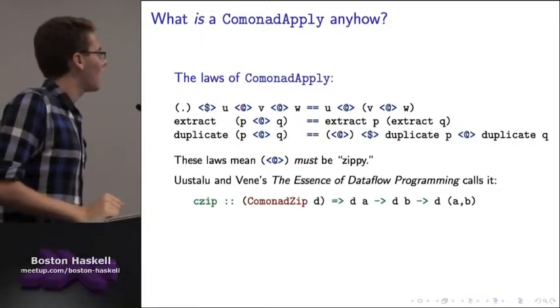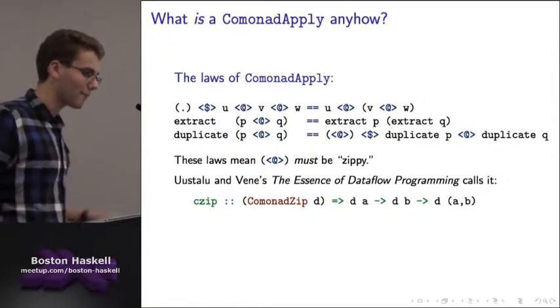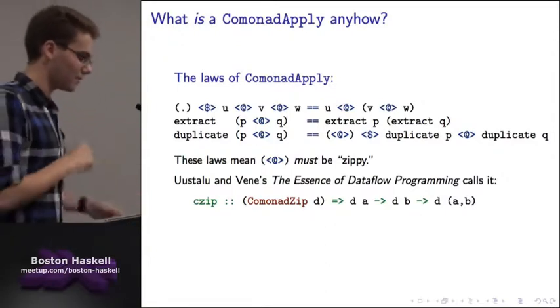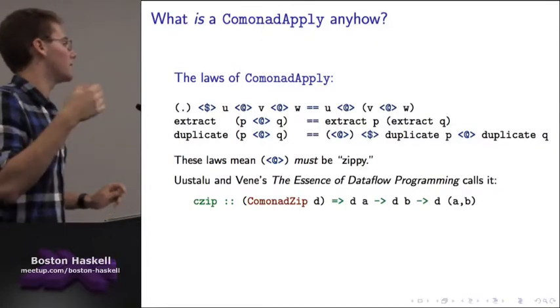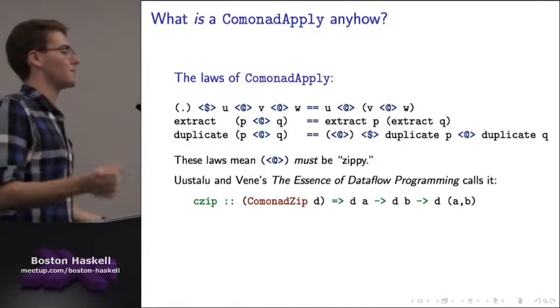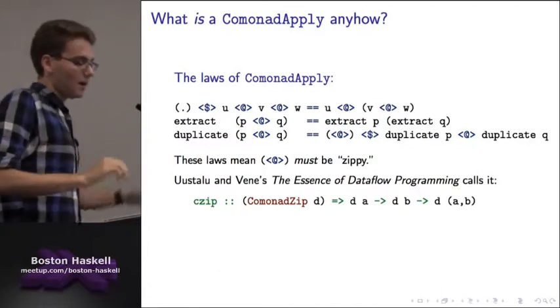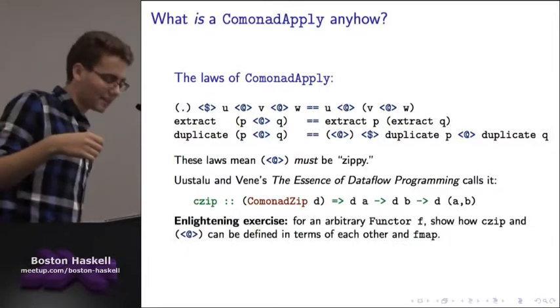And to sort of drive this point home, in the essence of data flow programming, which is a really, really cool paper by Uustalu and Vene, they don't define Comonad apply in terms of this app function. They define it in terms of what they call czip, which is a leading name.